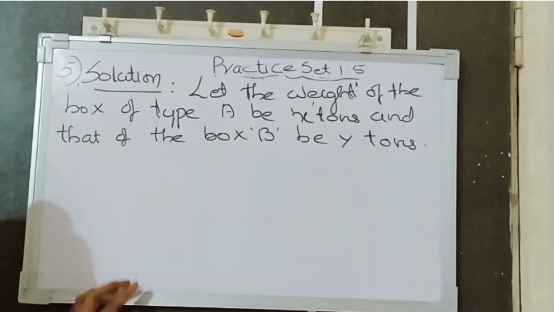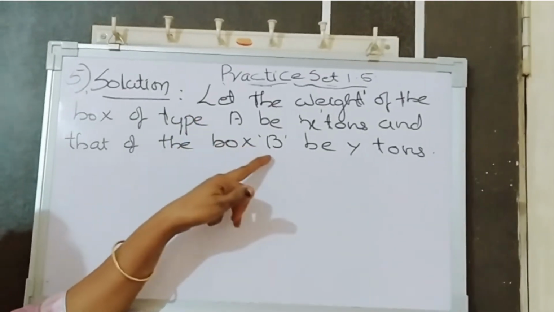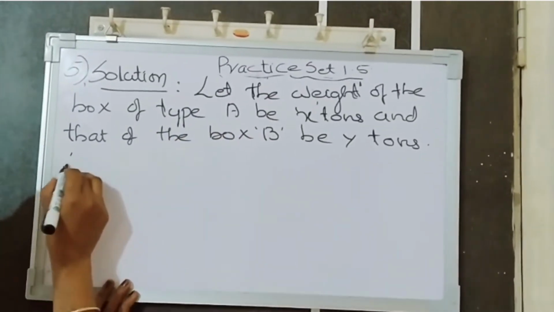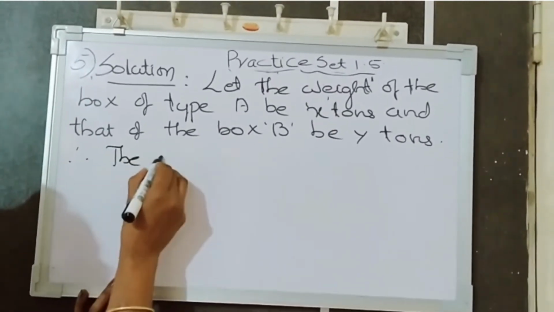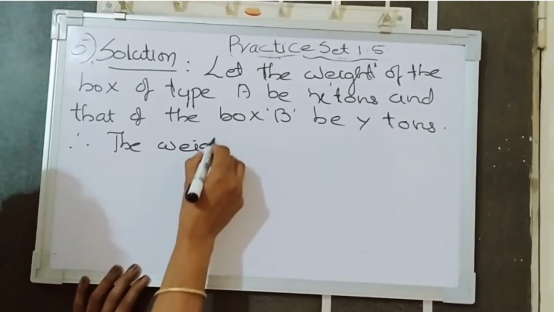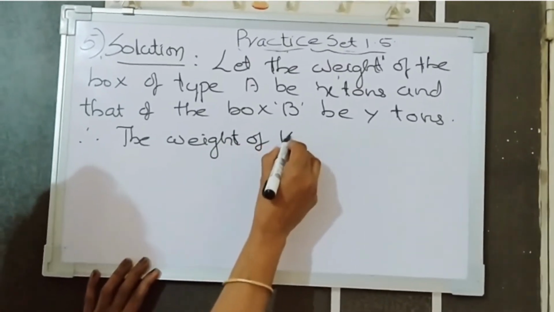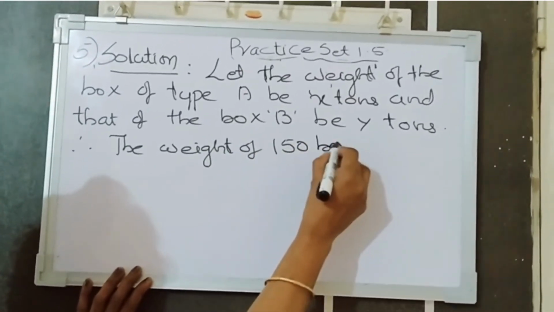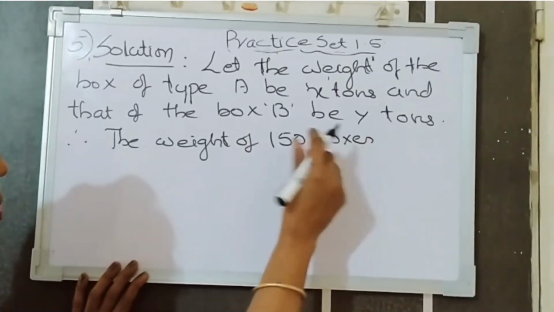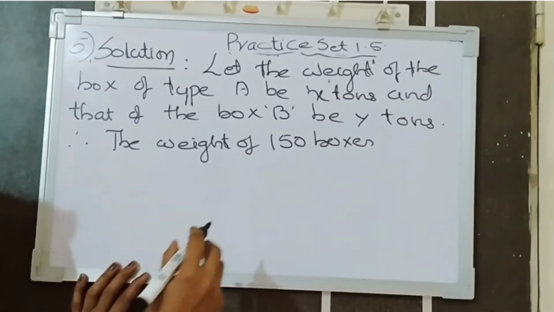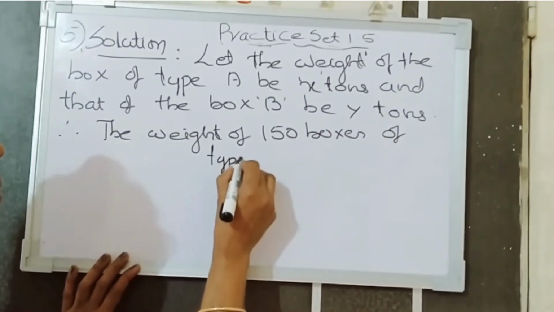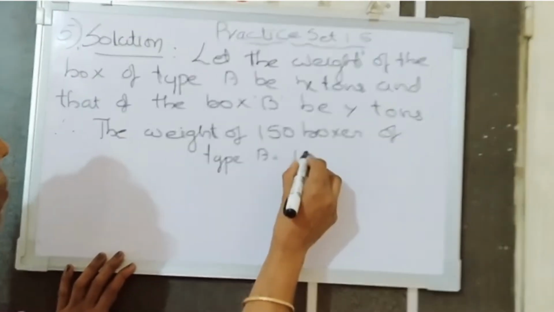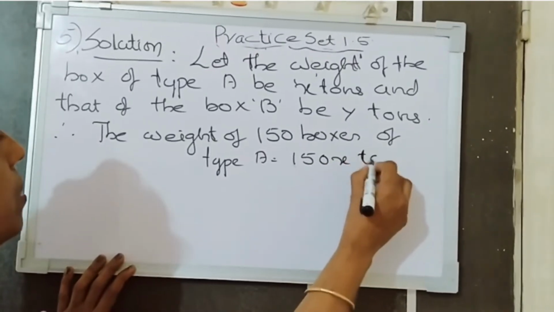Therefore, how many boxes are there? 150 boxes of A and 100 boxes of B. Therefore, the weight of 150 boxes of type A is equal to 150x tons.